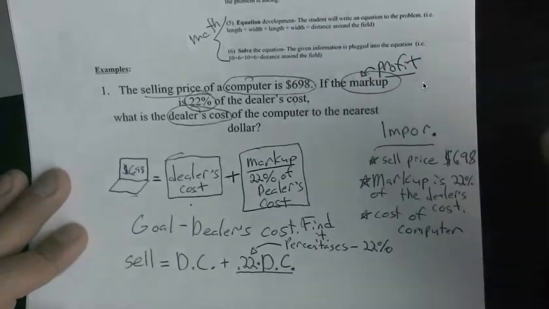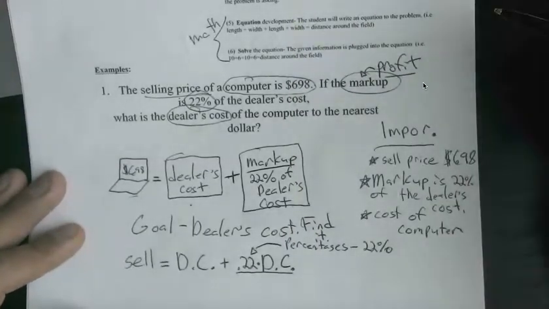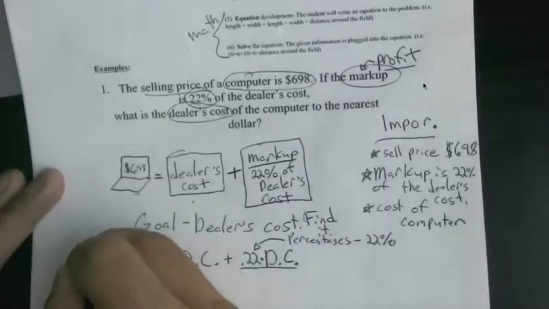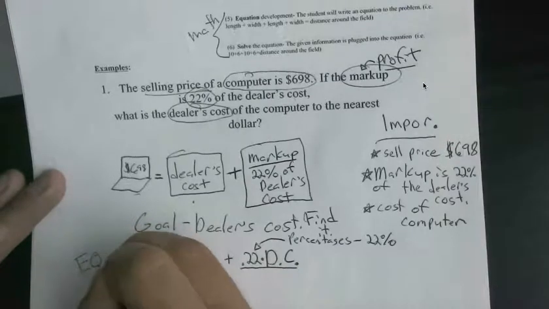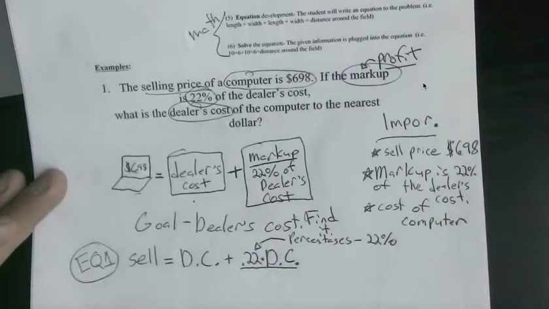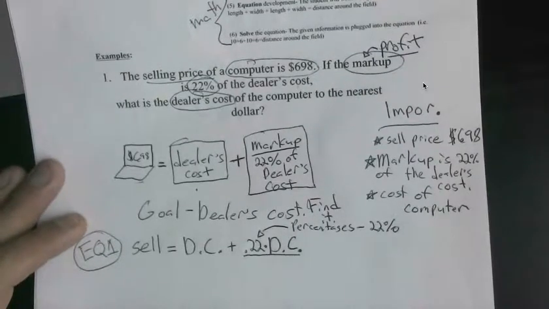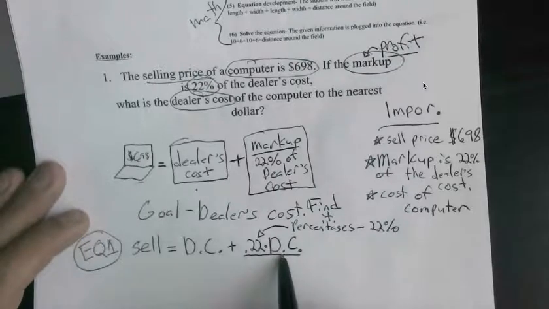And so solving this, how can we break this equation down further? Or how can we start to simplify this? Well, we know that we have the dealer's cost and another form of the dealer's cost. Can we combine these somehow?